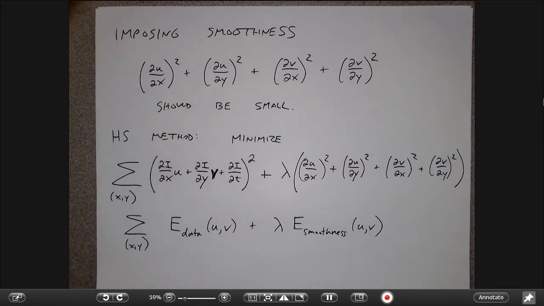Fundamentally, this comes down to solving a big linear system over all the possible UV values. You'd have a big matrix with lots of values from the two original images. Your unknowns would be all the UV vectors, and you have a right-hand side that would come from this stuff, and then you'd solve that linear system, okay?